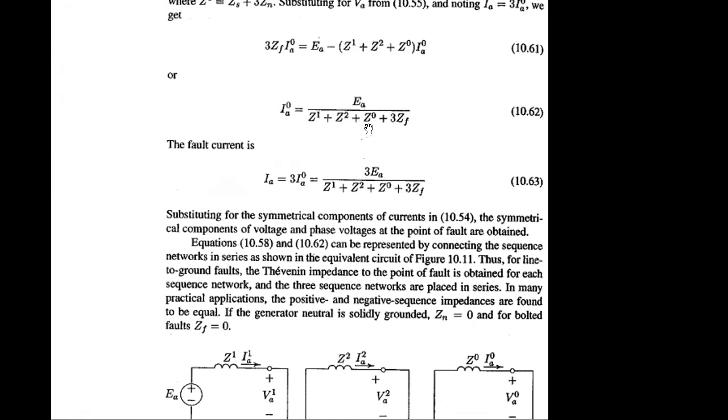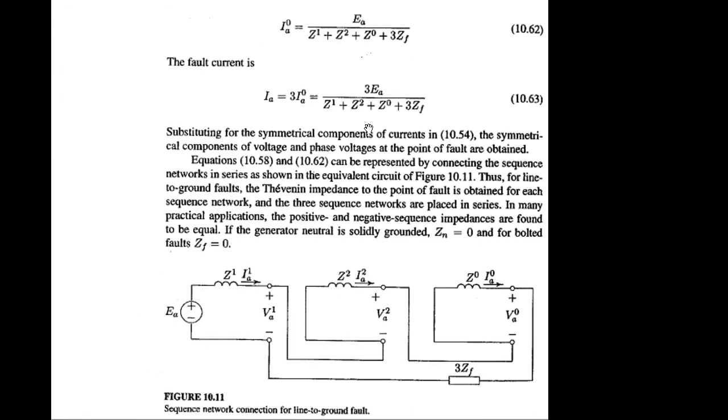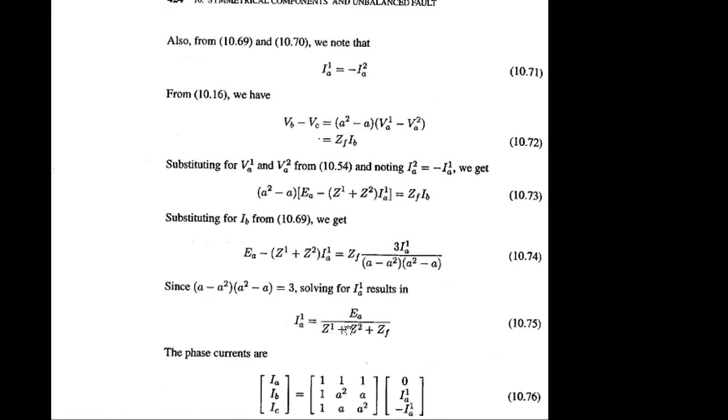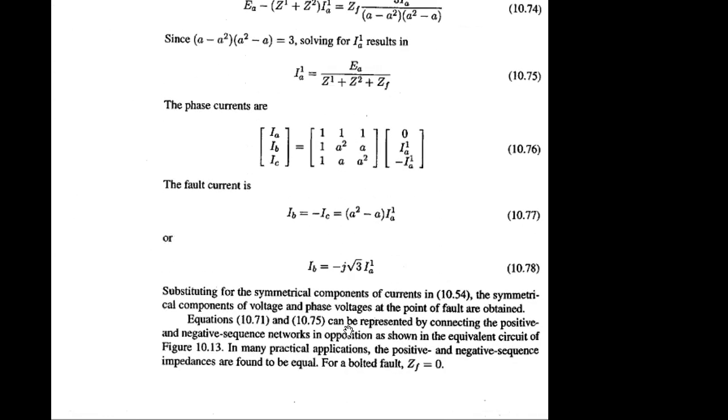Z0 will be there, but for line to line fault it is not. And based on this circuit equation, you can draw this equivalent circuit from that equation, and they are different for different scenarios.